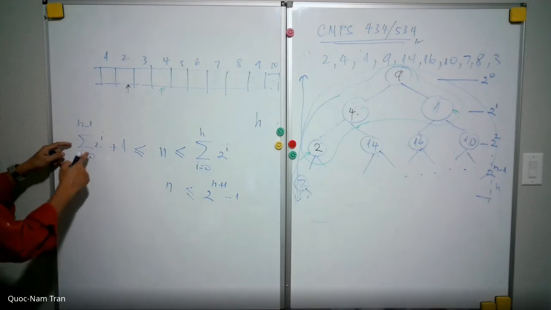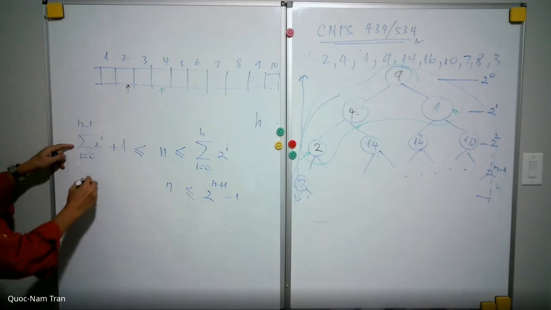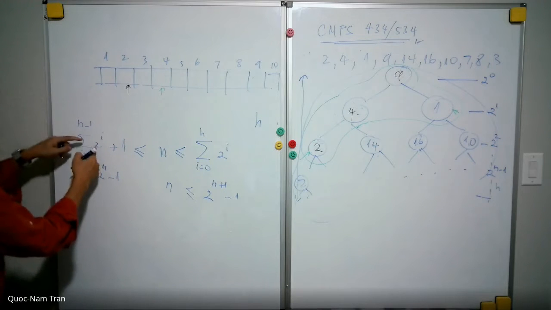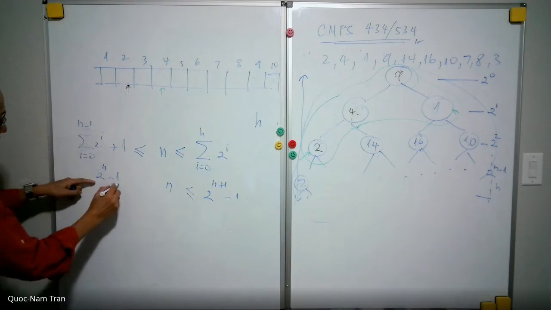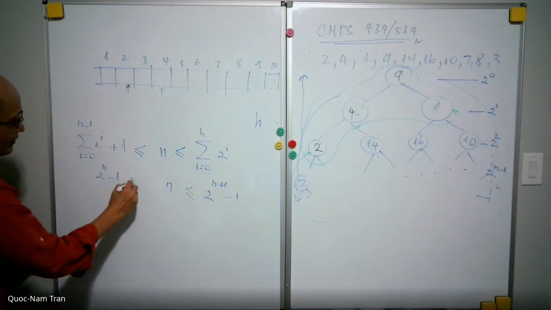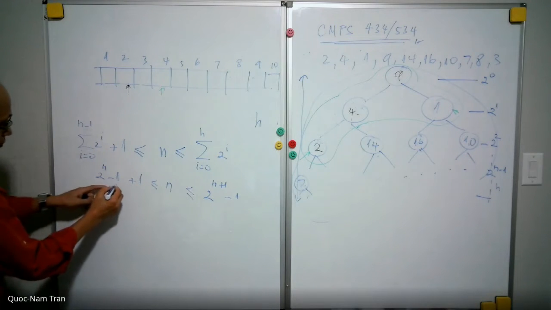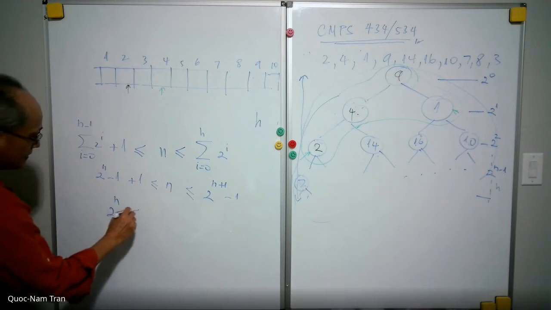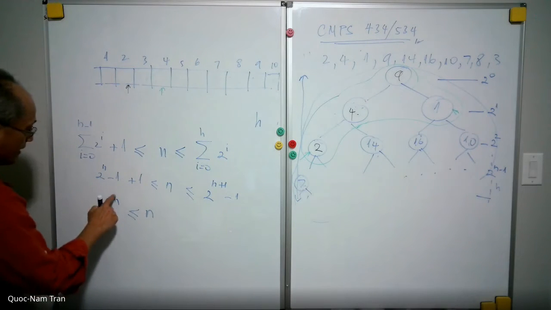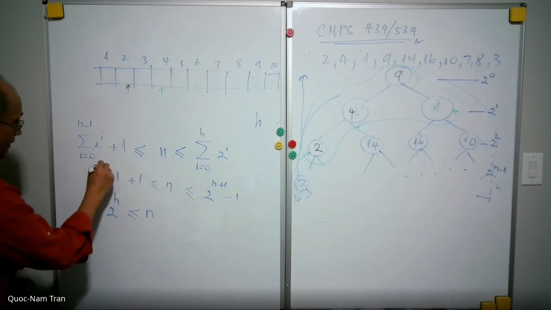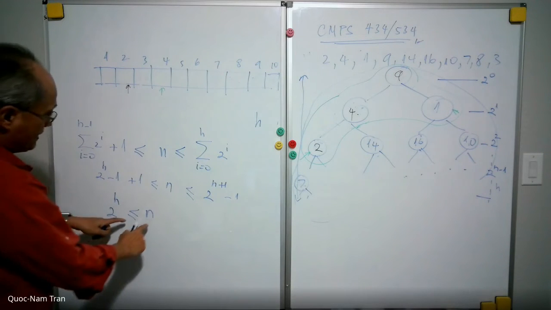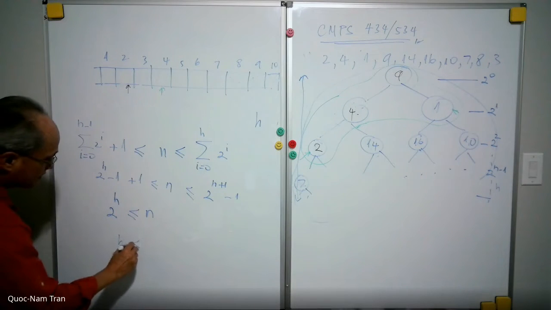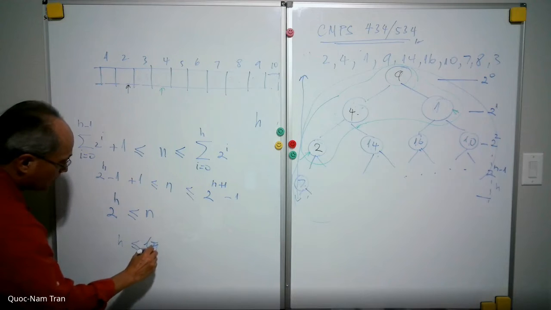And then this one is 2 to the power h minus 1, divided by 2 minus 1, which is 1, plus 1. This one is cancelled. So here you have 2 to the power h is less than or equal to n, and this means h is less than or equal to log 2 of n.